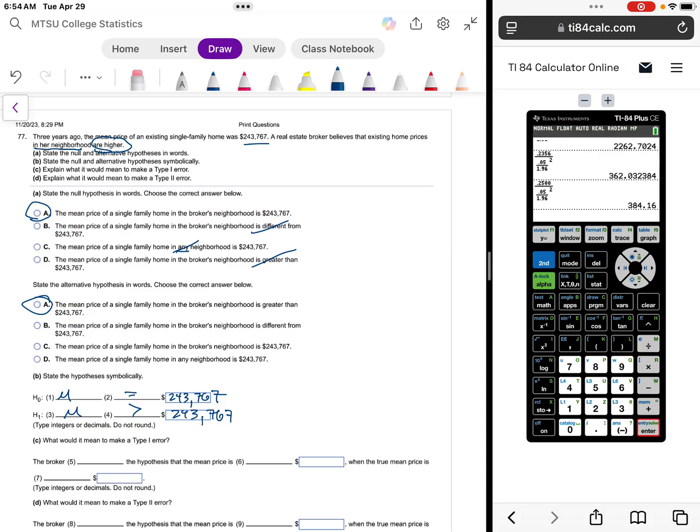What would it mean to make a type 1 error? Okay, the broker rejects, because again, type 1 is rejecting the hypothesis, so rejects the null, that the mean price is equal to 243,767, when the true mean price is greater than 243,767.